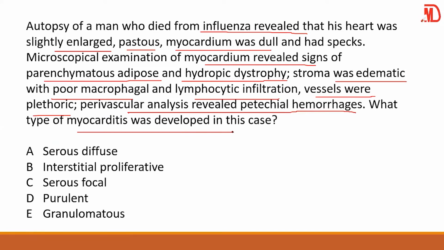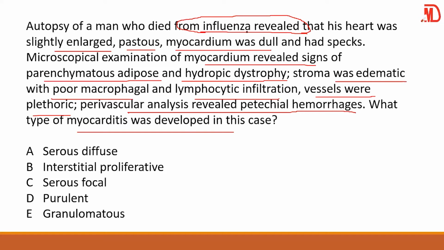So first of all, we know that this patient is definitely having a complication from the influenza virus. One thing about influenza virus is that because they are viruses, they do not have the same effect as bacteria. Bacteria normally lead to fibrinous or purulent inflammation.